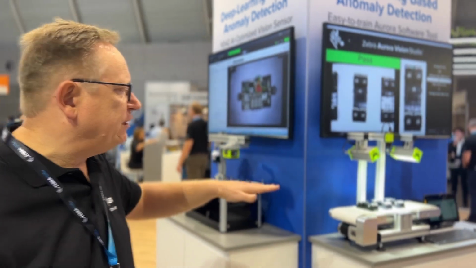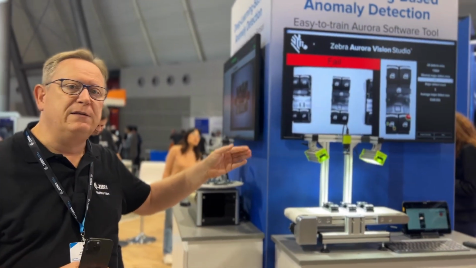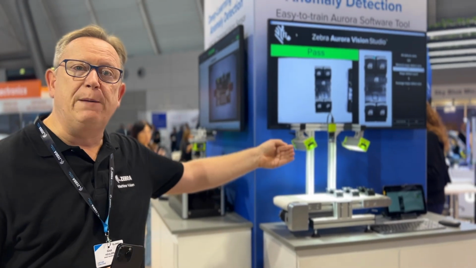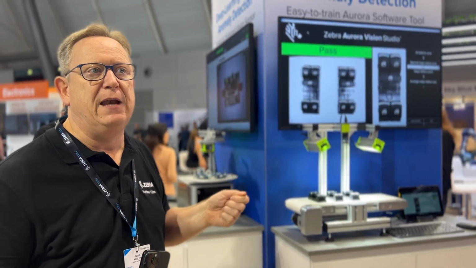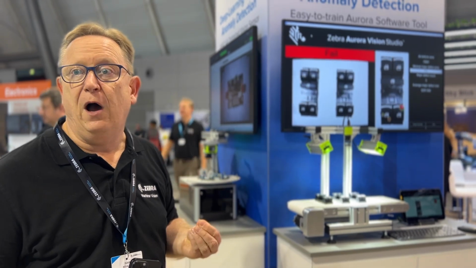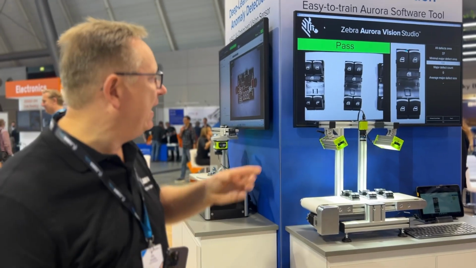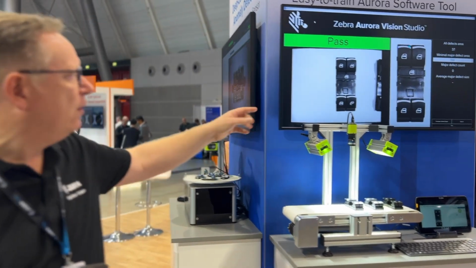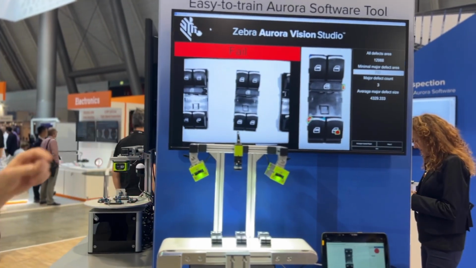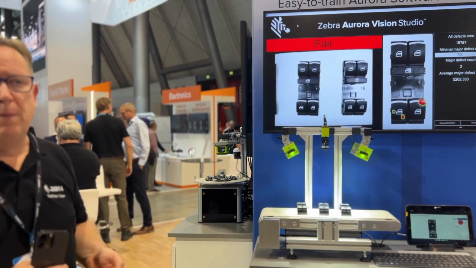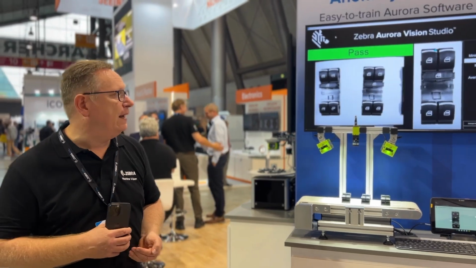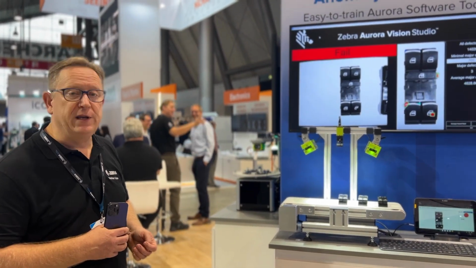Anomaly detection means that, when we look at this application over here, we train in all kinds of good images and bad images, and the algorithm itself decides what defects are on the products. And then we can see that in our demo, the defects are shown on the right, where you see something which is different from the good images.